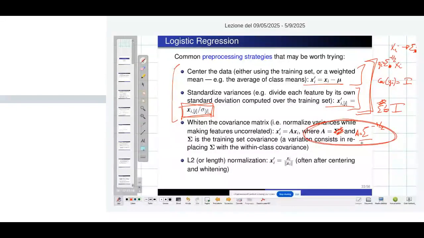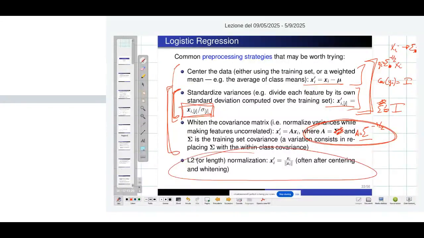PCA will give us a vector of features that are decorrelated, and then we just need to apply the normalization of each component on its own, which will give us feature vectors that are uncorrelated and with unit variance. So with what we saw up to now, we are able to implement all these transformations already.